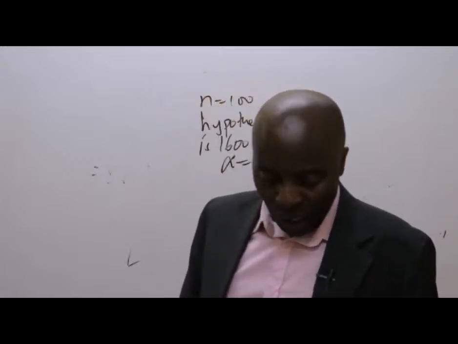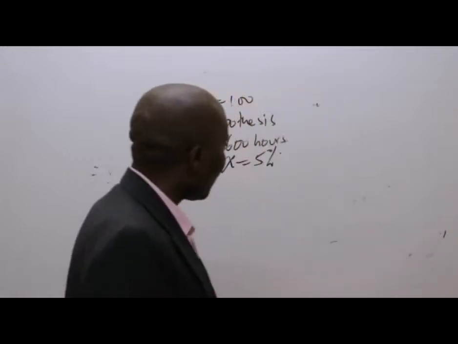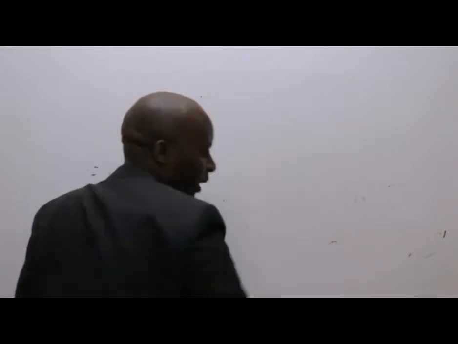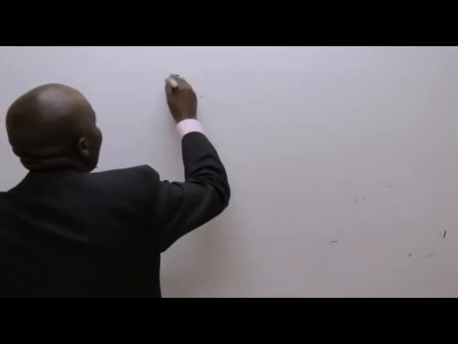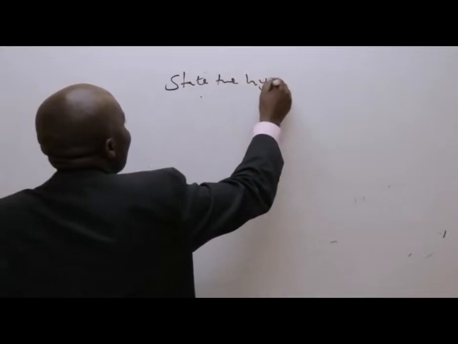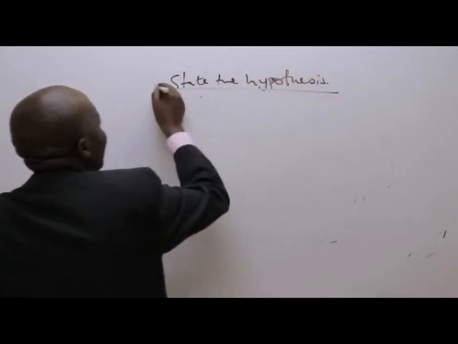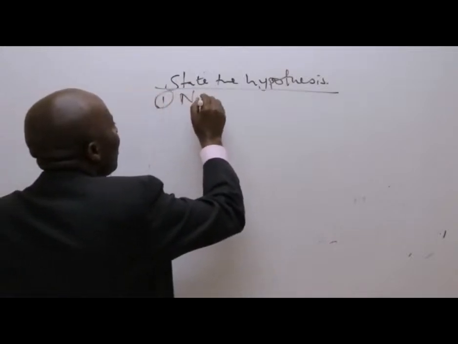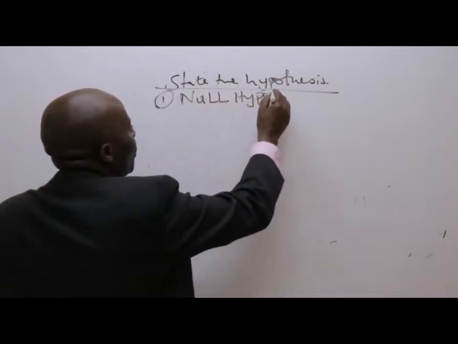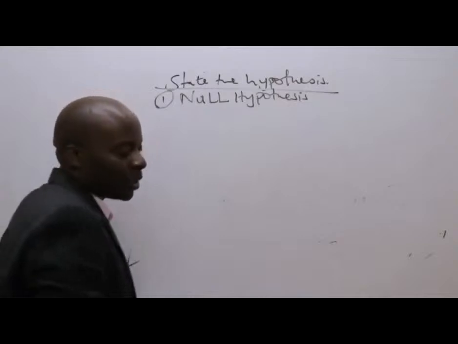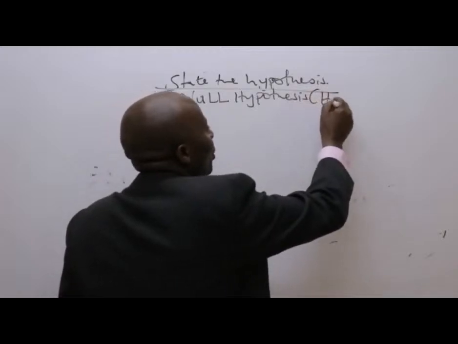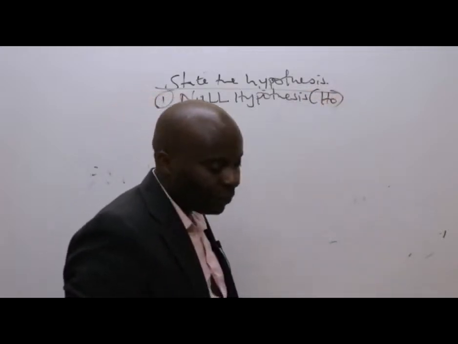This is very, very easy. So how do we get started? We state the hypothesis. So step number 1, state the hypothesis. Normally we have 2 claims. The first claim is the null hypothesis, which we shall be abbreviating as H0.